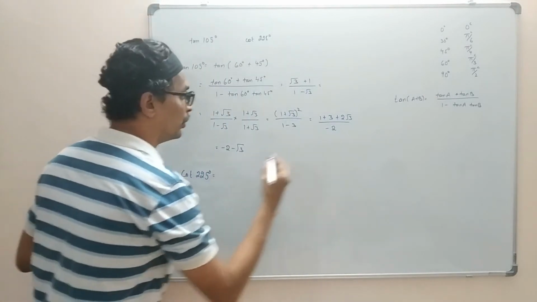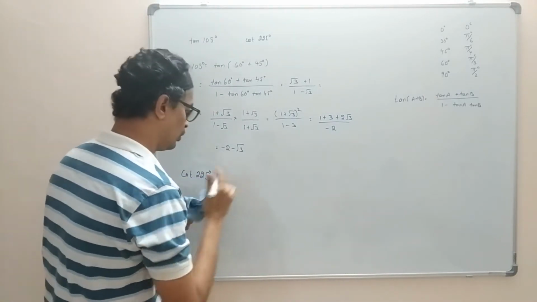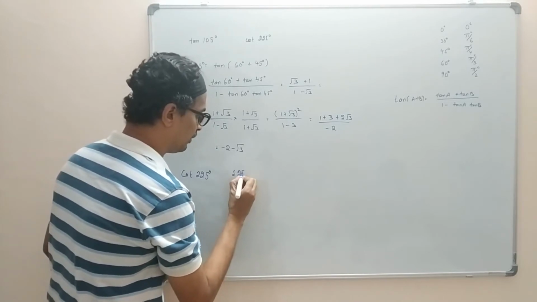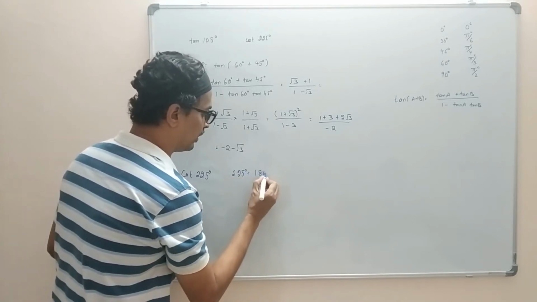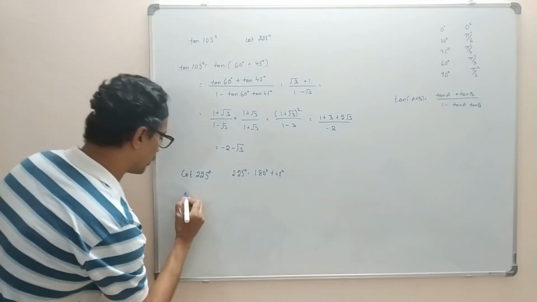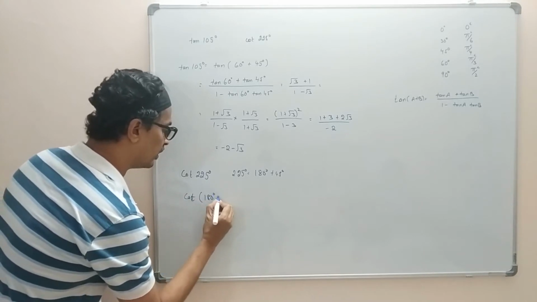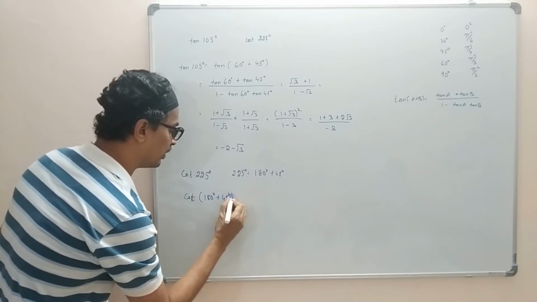So 225 degree is equal to 180 degree plus 45 degree. So this is going to be cot of 180 degree plus 45 degree.